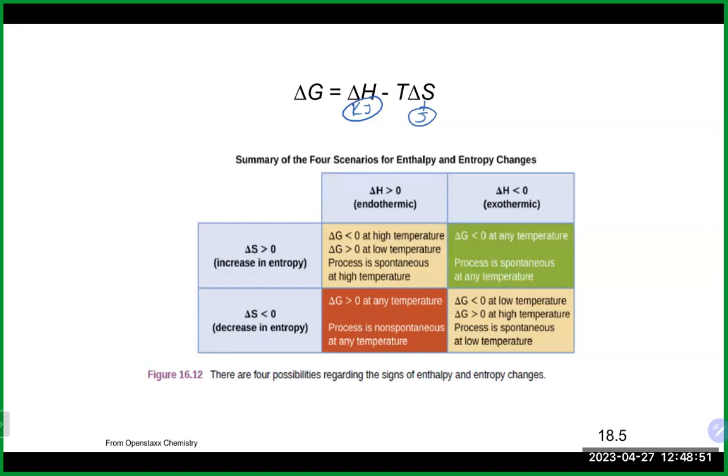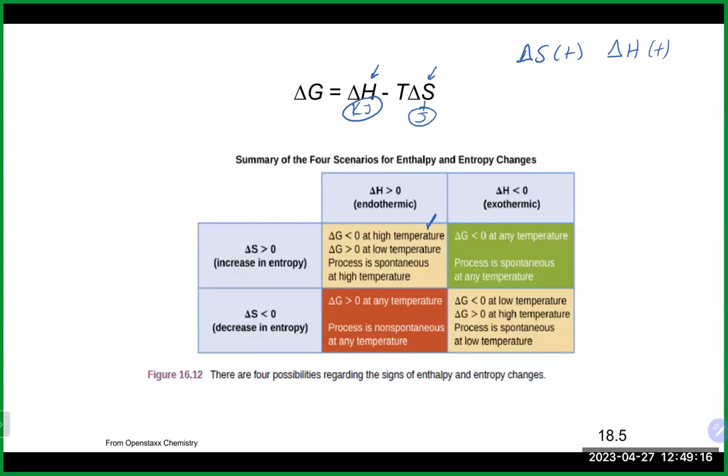So if we look at this situation, let's just take the first one here where our delta S is going to be positive and our delta H will also be a positive value. That would be this box right here. So this guy is going to be positive, and this guy will be positive. That means that the back end of this equation will be negative, right?